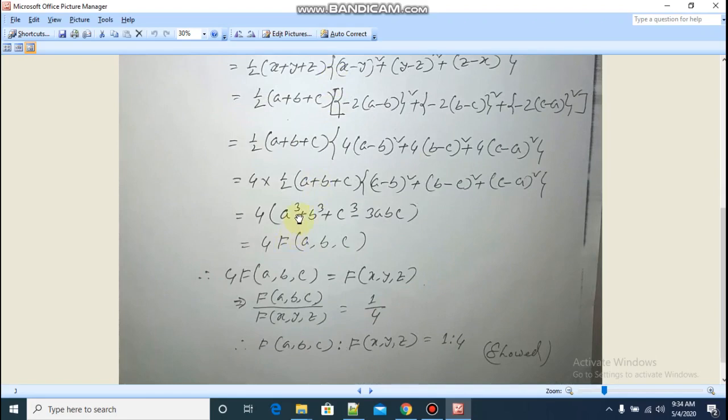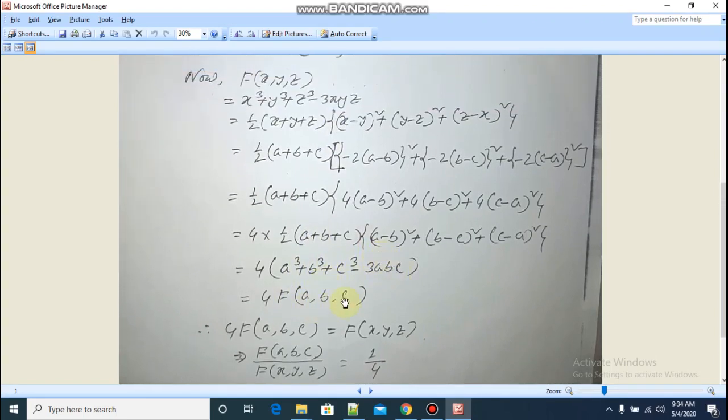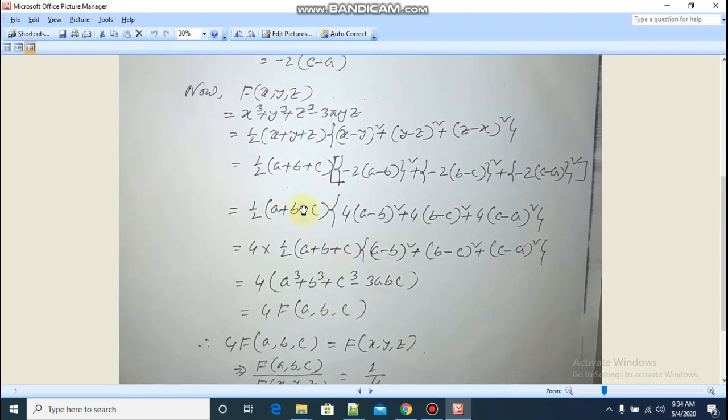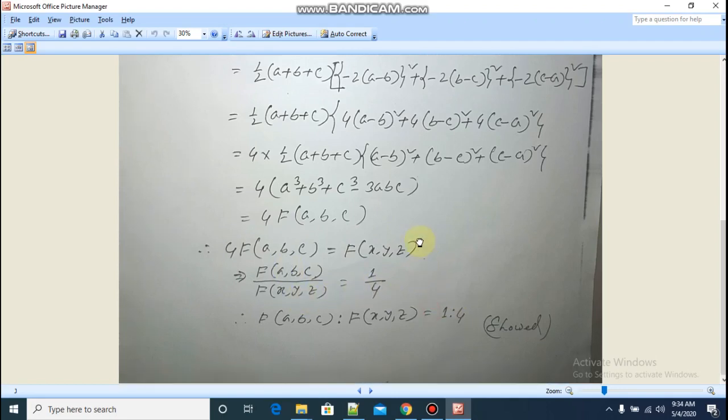So a cube plus b cube plus c cube minus 3abc equals f of abc. Finally we find 4 f of abc equals f of xyz. So f of abc divided by f of xyz equals 1 divided by 4, this is to this equals 1 is to 4. Proved.